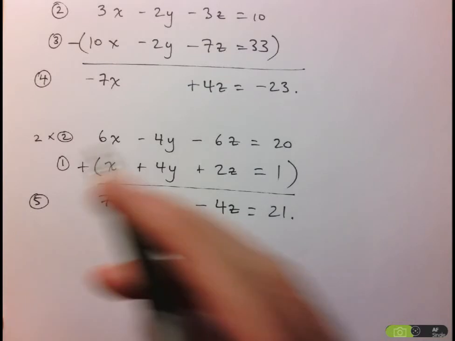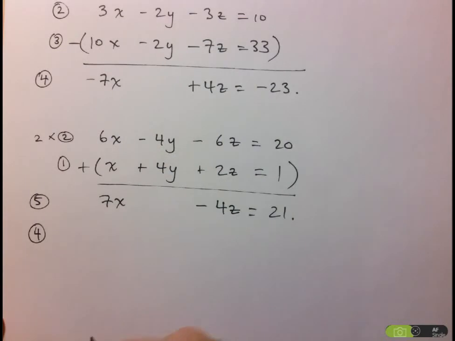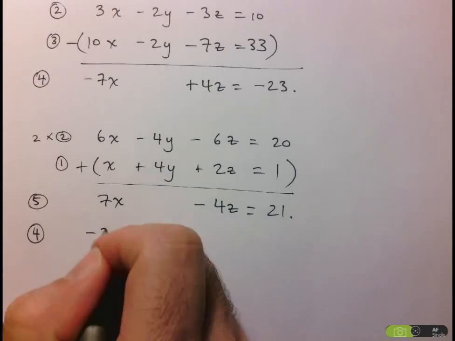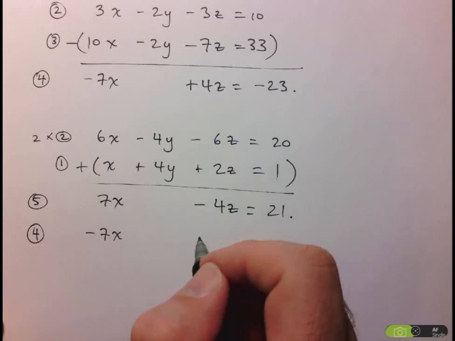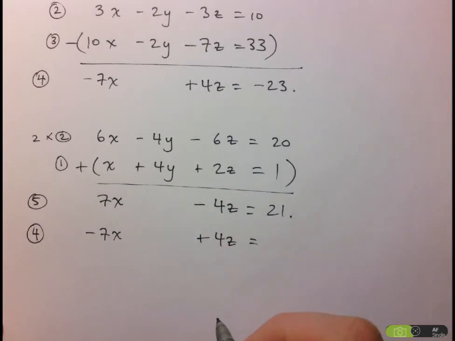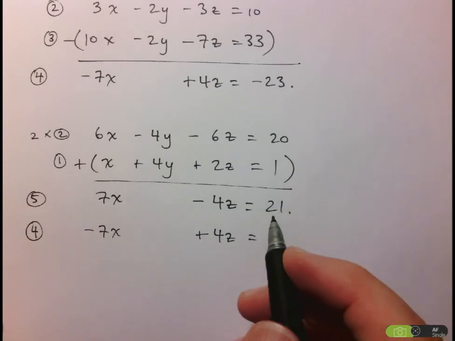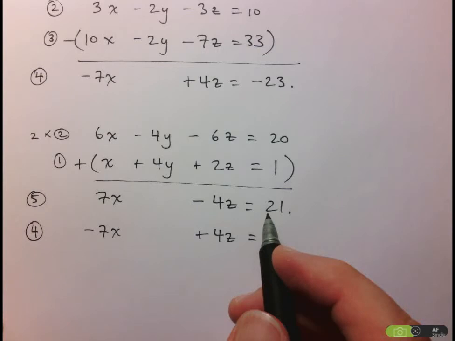And here, if I notice 7x, -7x, I don't actually have to manipulate either of the equations, because this will just be -7x plus 4z. Noticing here something a little interesting. Okay, and I keep in mind that there's more than just the possibility of there being one solution for these systems of equations.